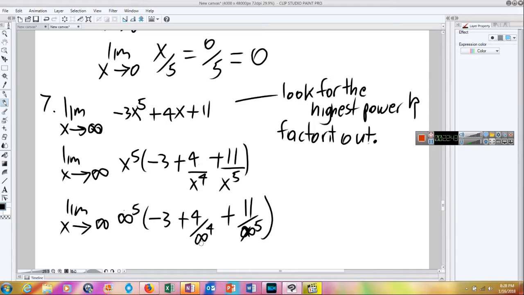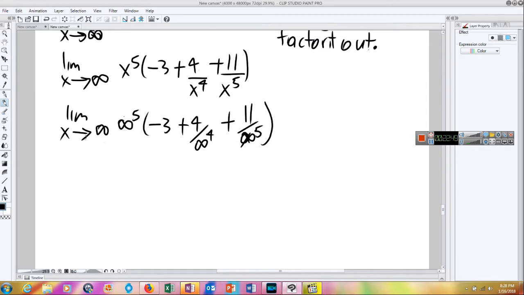Everything here with infinity is going to be equal to 0. So here's what we're going to do. We're going to say limit x tends to infinity for -3 plus 0 plus 0.